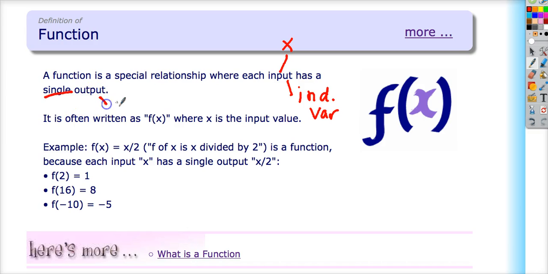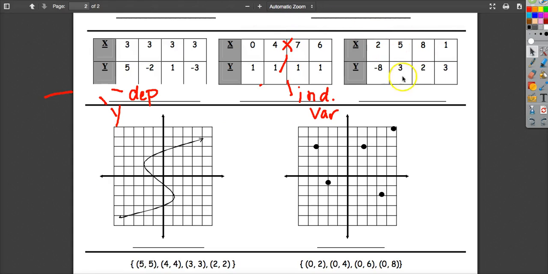Your output, usually your y, usually your dependent variable. So every input, there is a single output, just one, no more. All right. So let's look at a few examples then.